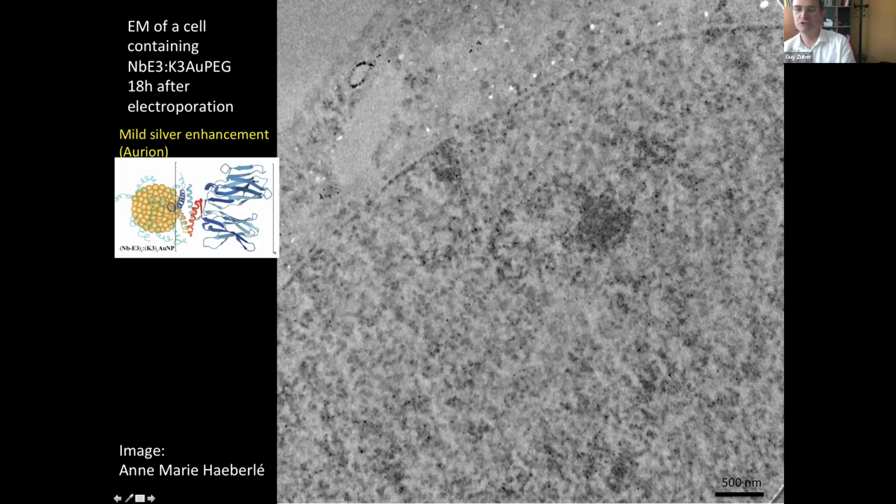The only issue will be if we put in too many gold particles, or if the materials that we put in do not bind at 100%. So we will probably have a default, or we cannot label all of them. Hopefully you understand. No, you explained very well. Thank you.